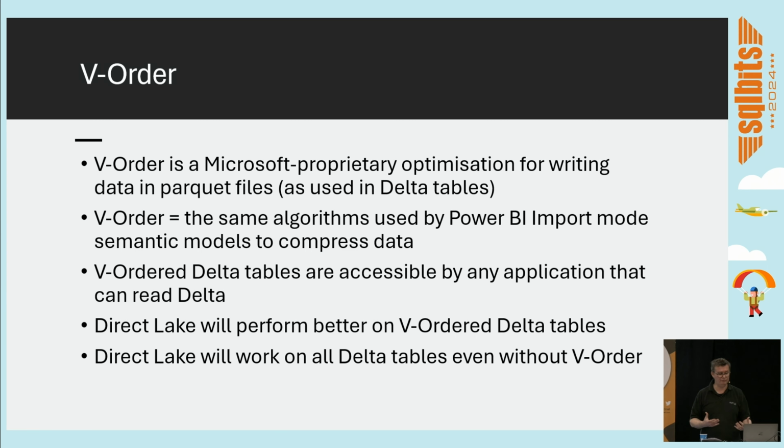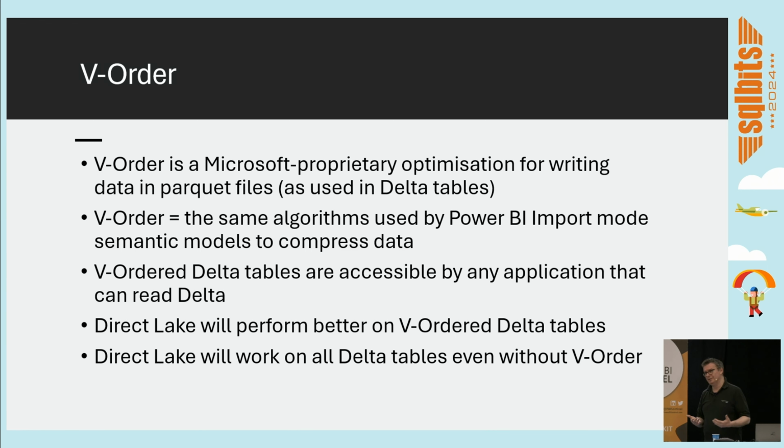This is something we call V-order. V-ordered delta tables are not special. They are just regular delta tables. Everybody else can use them. It's only Microsoft that can create them, though, because we own those proprietary algorithms.